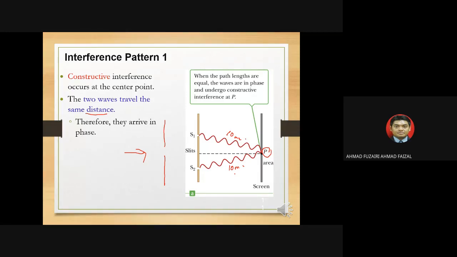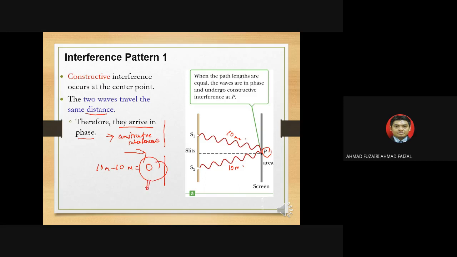Okay, so we are saying that, as a result, they arrive in phase. What happens when the waves are in phase? We are saying that this is a constructive interference. Okay, so meaning that when 10 meters minus 10 meters, it becomes 0.